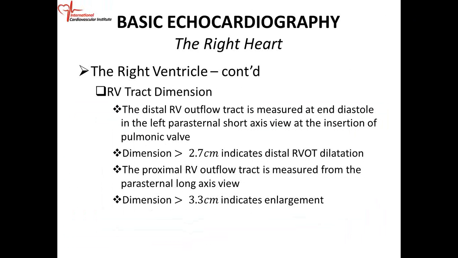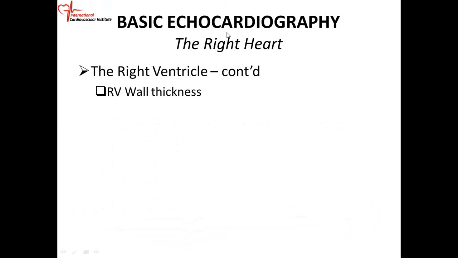Okay? So know where you're supposed to measure and be familiar with the numbers that go along with it. All right, so we talked about the dimensions in the RV, how to measure them, and what makes it an enlarged or a dilated RV.